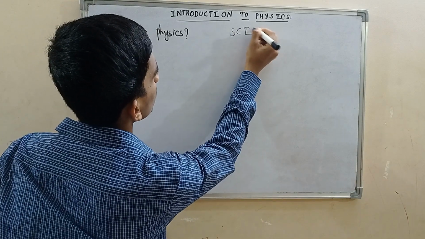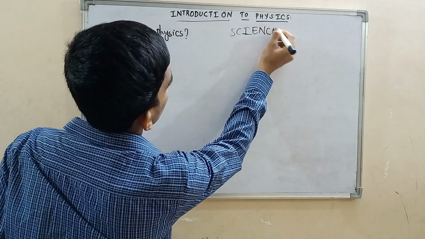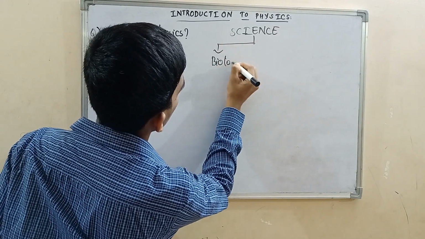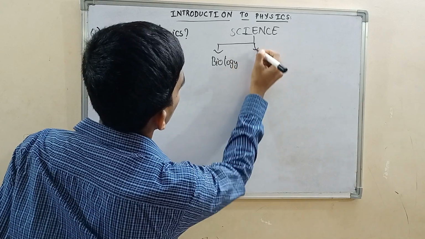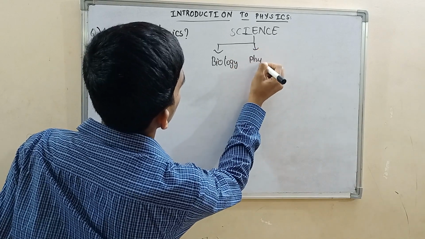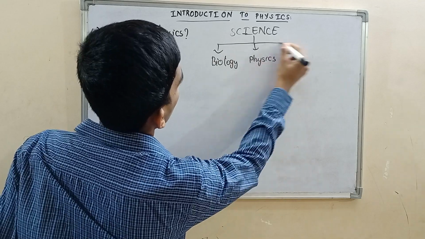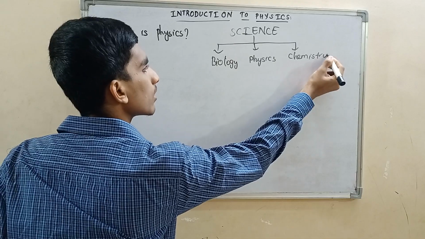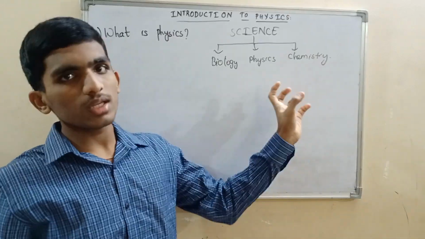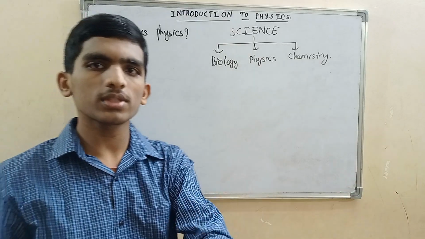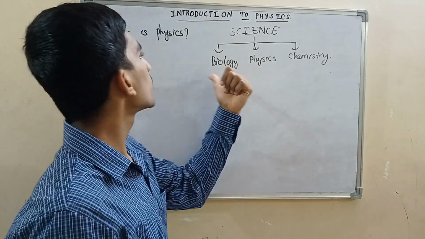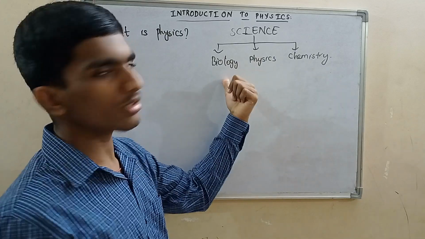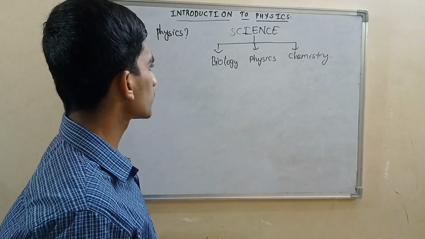Science: biology, physics, and chemistry. These are the three subjects in science. This is also involved in NEET. In IIT, there is no biology; it is physics, chemistry, and in place of biology, maths is involved.